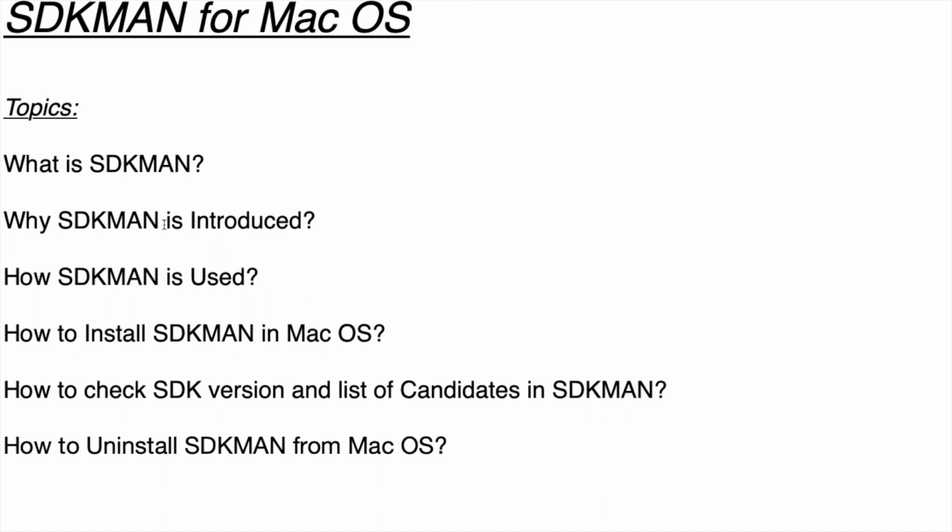With the help of this tool, we can maintain multiple parallel versions of software development kits, and it provides a convenient command line interface and API to remove, install, and switch different list of candidates.